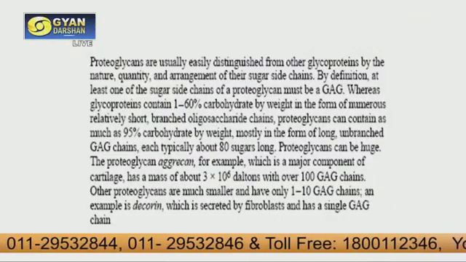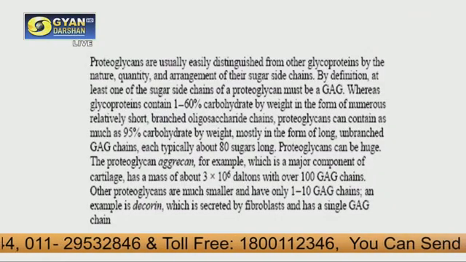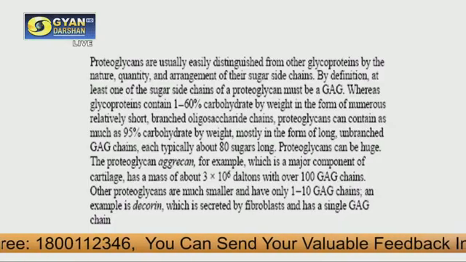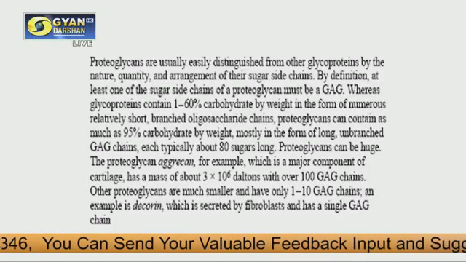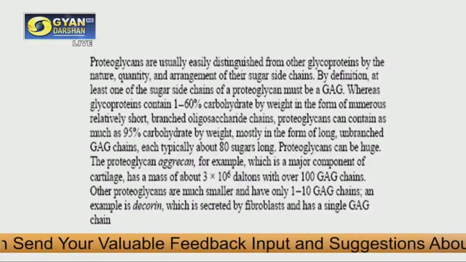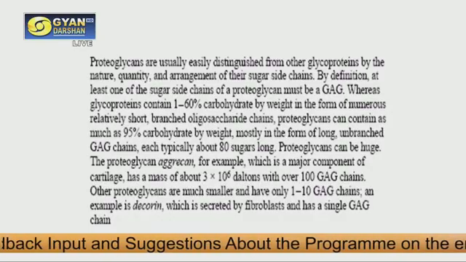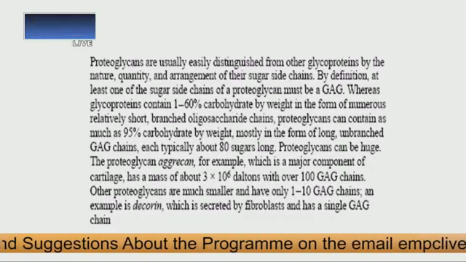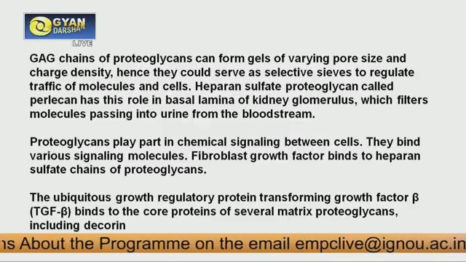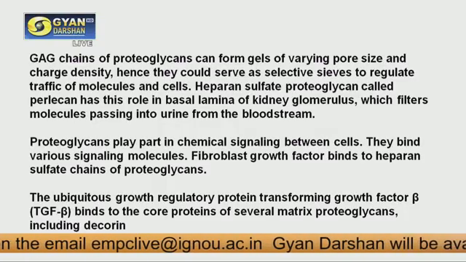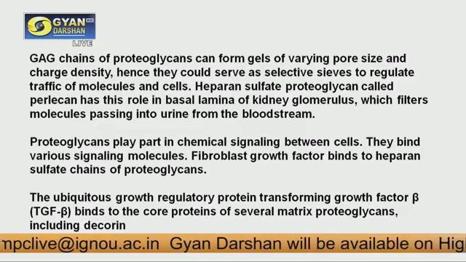Proteoglycans can be huge. Now there are different proteoglycans in different tissues, like in cartilage you have aggrecan. Okay, so based on different tissues you have the different types of proteoglycan chains or the GAG chains. Now what are the functions? The GAG chains can form gels of varying pore size and charge density.